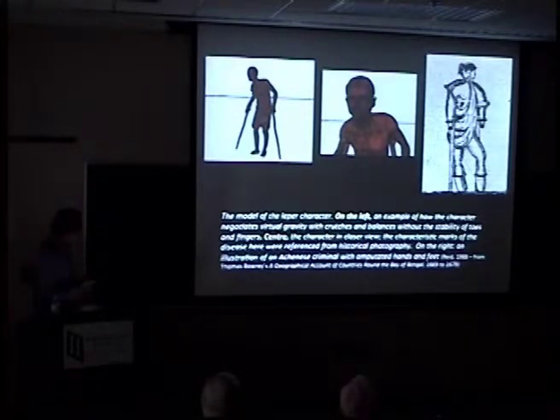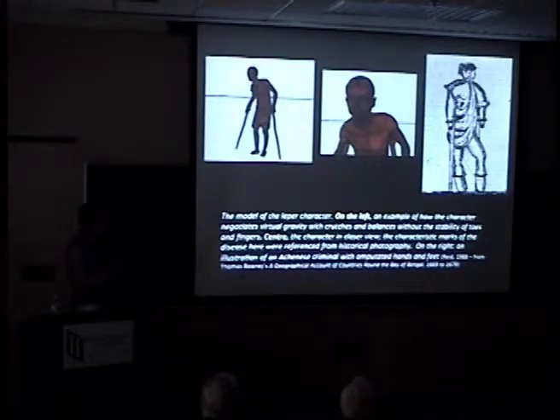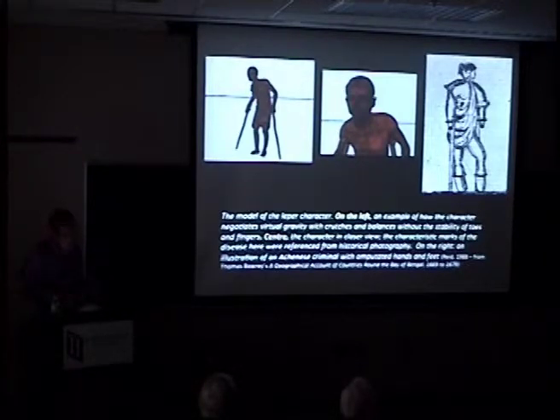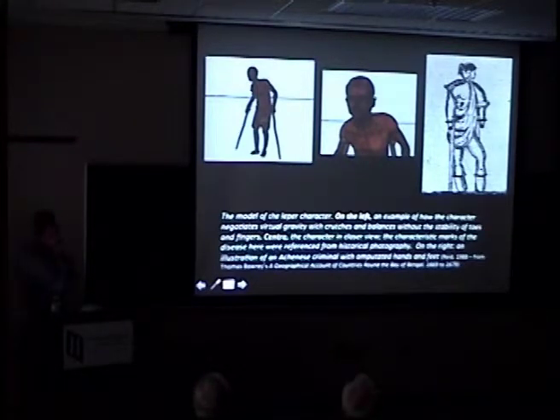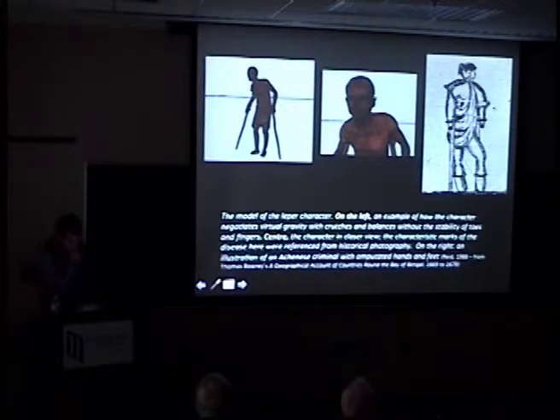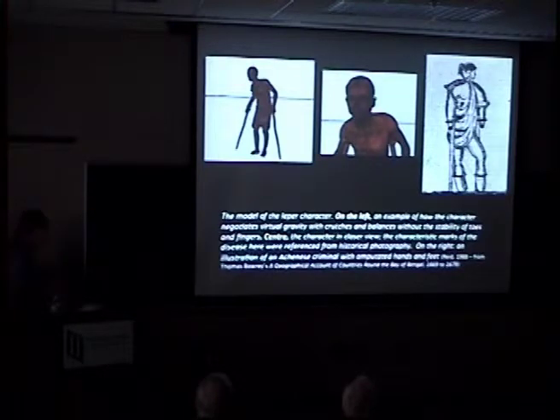This poor guy doesn't have any fingers or toes, and if you notice the way that the animation flows through it, he can't balance. He cannot balance even in the virtual world. So we've given him crutches, and with that he can get around. These crutches are modeled on a reference I found of this man in Aceh with amputated hands and feet from the 1600s.